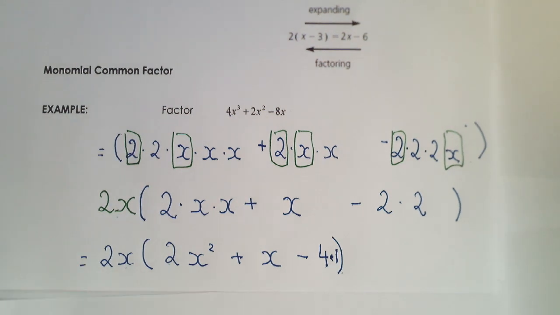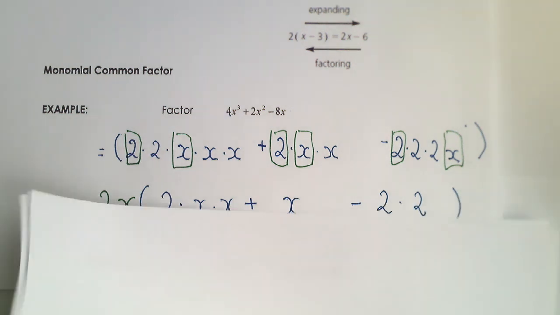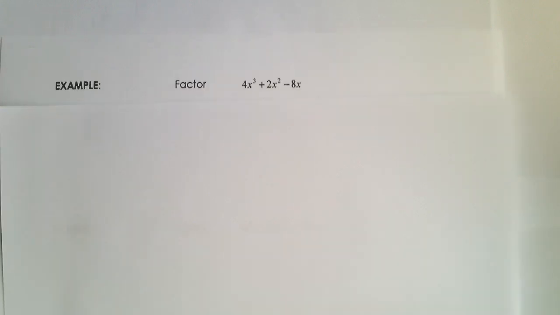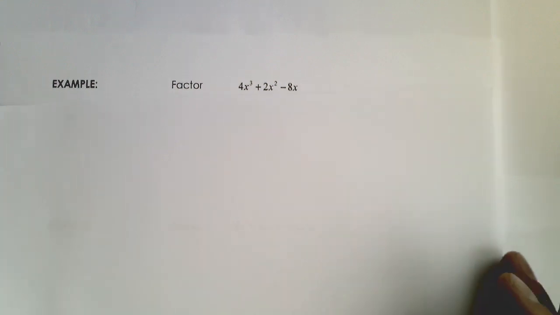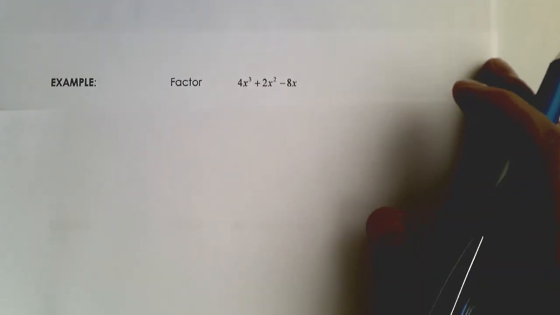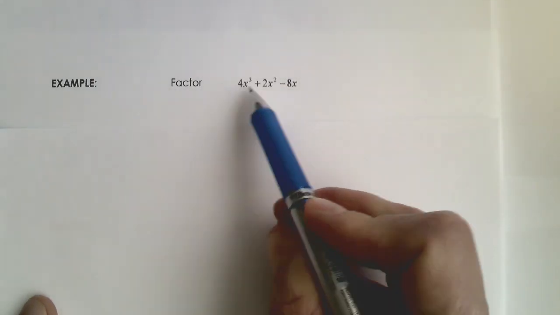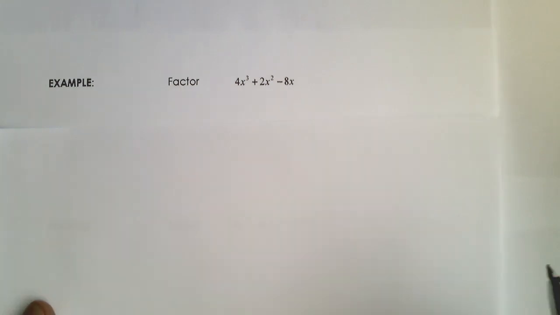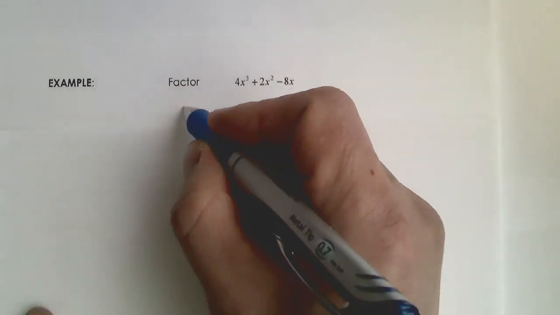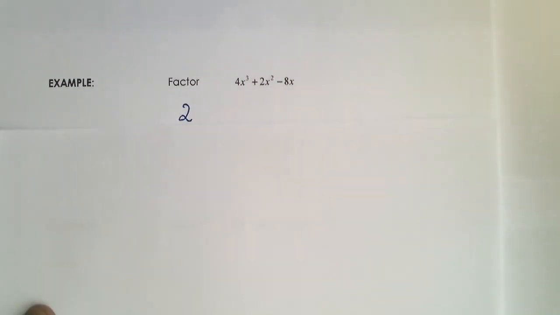Another way of doing this question is a little bit faster after you've practiced all the work before. Basically, what you're going to do is look at these 3 terms, and first you will find the greatest common factor for 4, 2, and 8. With enough practice, it's probably very easy for you to say that 2 is the greatest common factor for the coefficient.